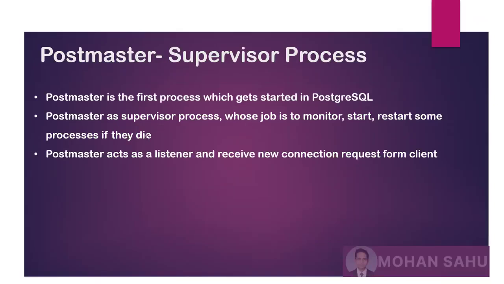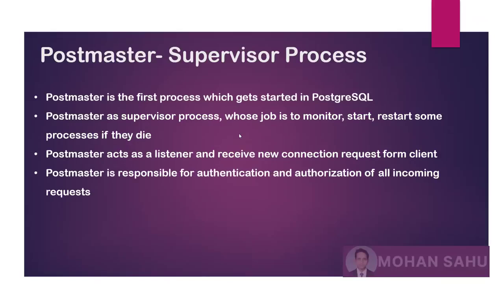So Postmaster acts as a listener and receives new connection requests from clients. Whenever a client wants to connect to Postgres, it will first connect to Postmaster, and Postmaster is responsible for authentication and authorization. If you don't know about this, authentication means checking if you have a legal ID, password, and IP.